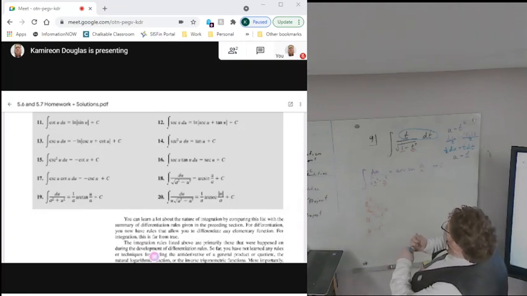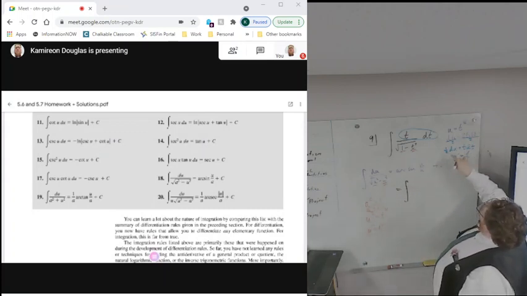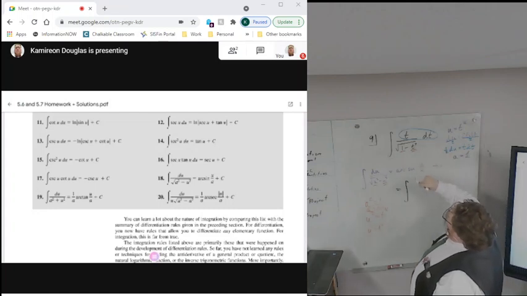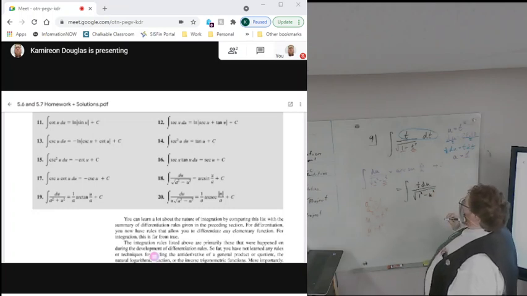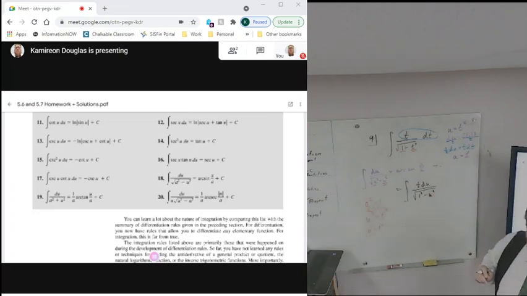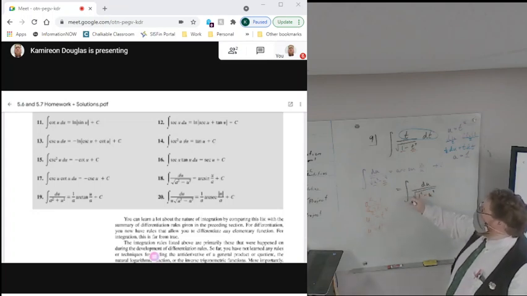So first, this becomes the integral of, so remember, I have 1/2 du replacing dt, so this becomes 1/2 du over the square root of 1 squared minus u squared. I pull the 1/2 up front, getting it out of the way so I can apply the rule easier.